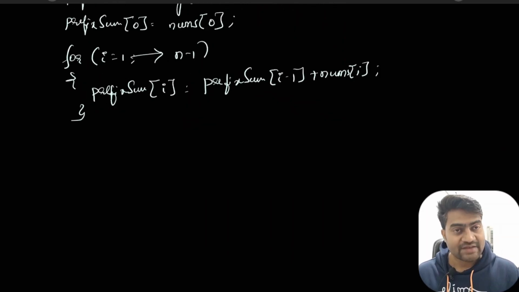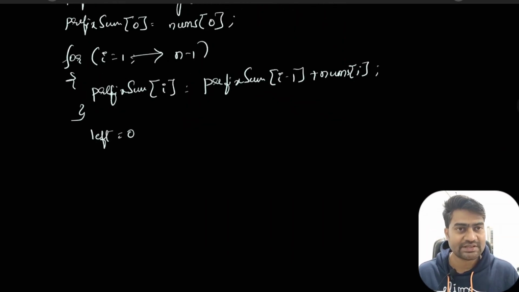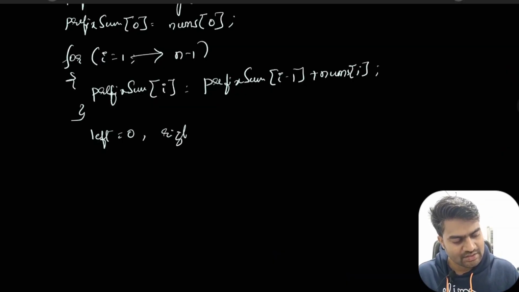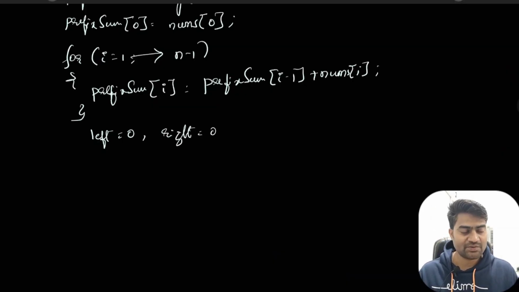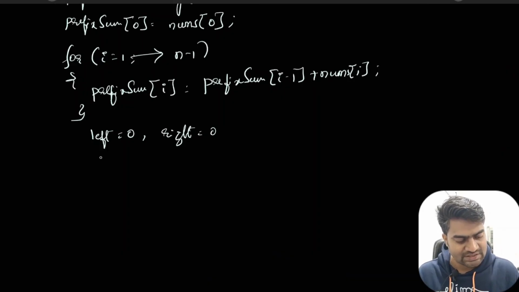So now I will take two variables, left equal to 0, which is the prefix sum, and right equal to 0, which is the suffix sum. Now I need to compute the left and right sum for each value. So I will take again a loop, I equal to 0 till n minus 1.